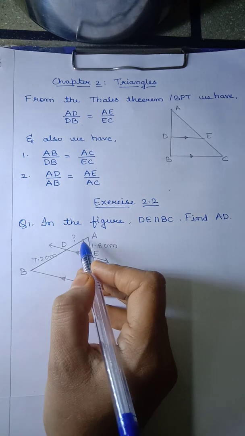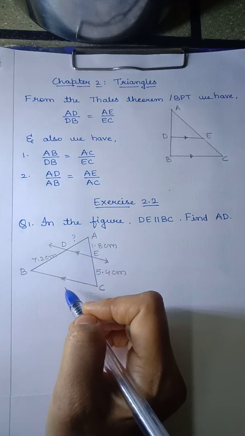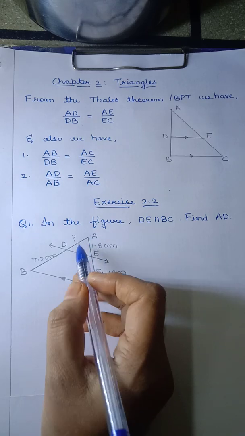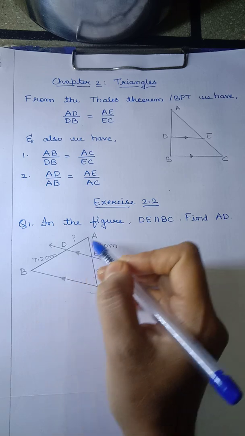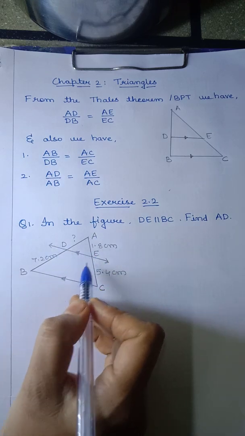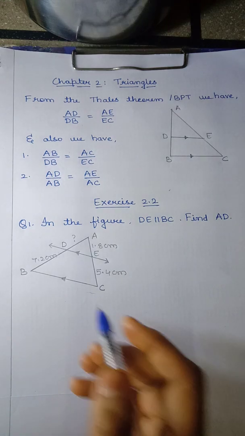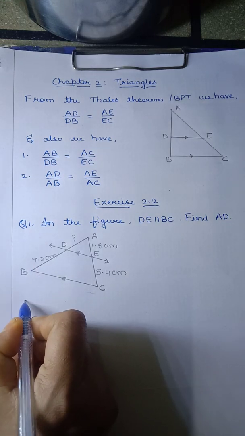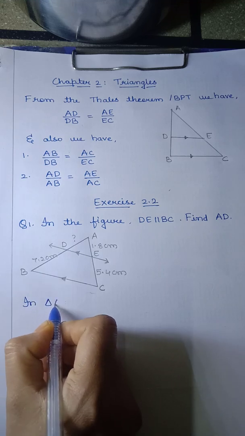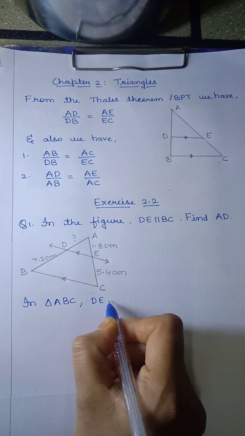To find the side AD, we have to use the basic proportionality theorem or the Thales theorem here. That is AD by DB is equal to AE by EC, because DE is parallel to BC. So you have to write, in triangle ABC, DE is parallel to BC is given.